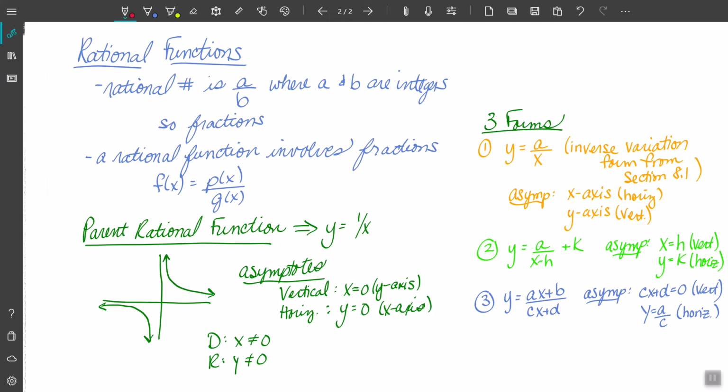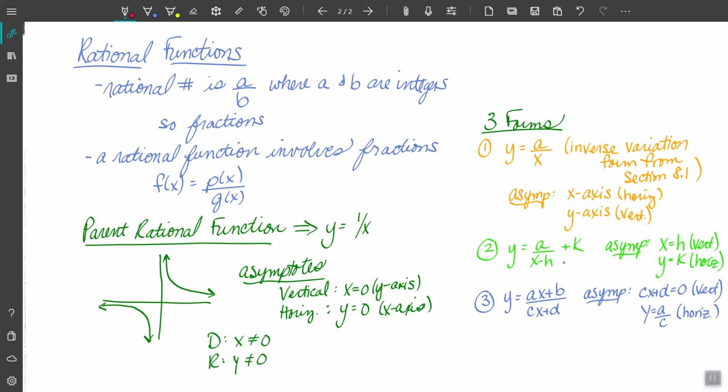We're going to have three forms of this, so moving over here to the right part of the screen, this is really what you need to have written down in your notes, these three forms, because in the first form, the asymptotes will be the x-axis and the y-axis, so we need to know that. If we have any shifting, that's what this form right here in green is showing.